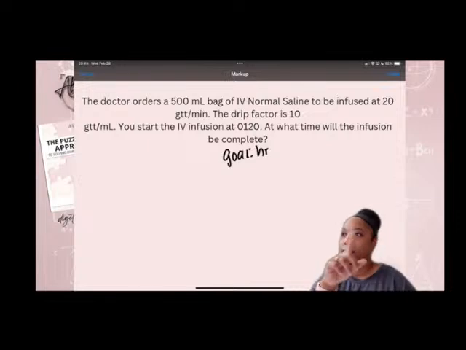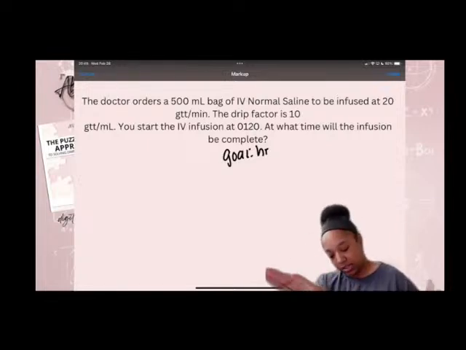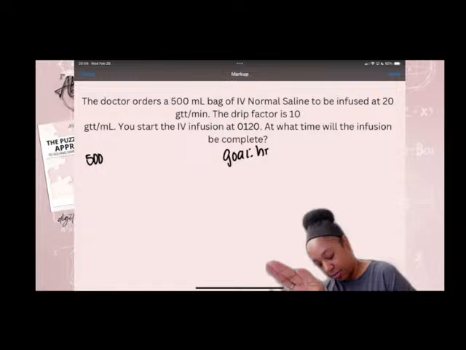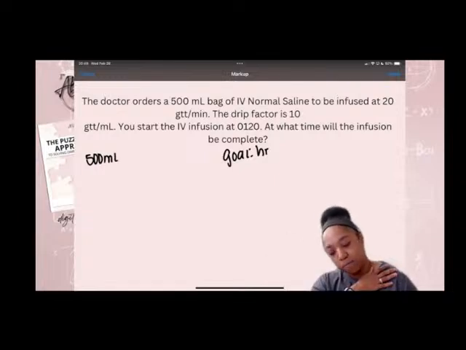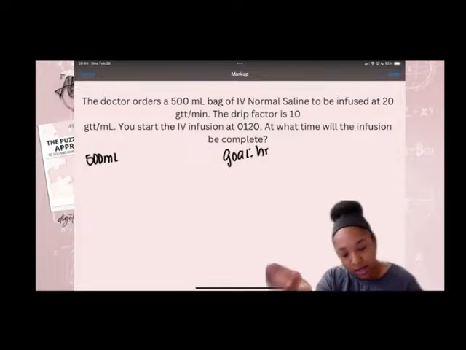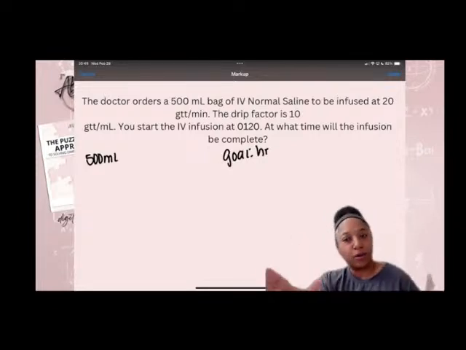All right, so boom, goal. The goal is hours. So what are our puzzle pieces? 500 mL bag, that looks good. We're just picking out the different things that are in the problem, even if it won't fit in your puzzle. So don't say, oh, I don't know if I should put this.